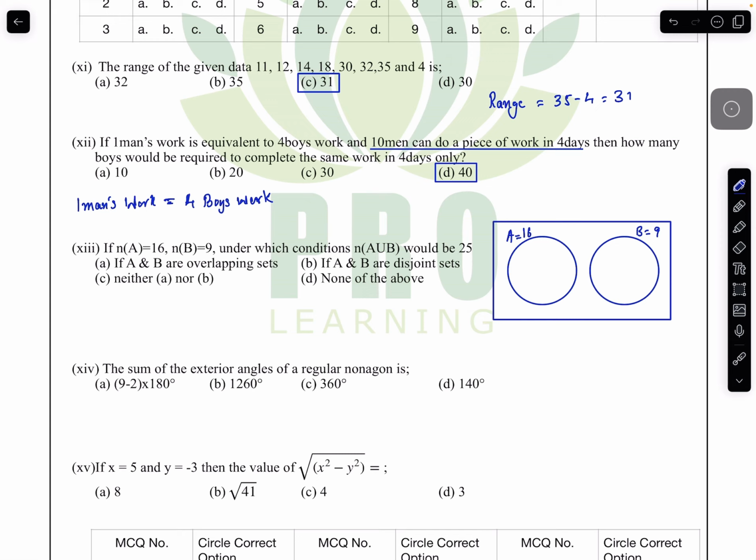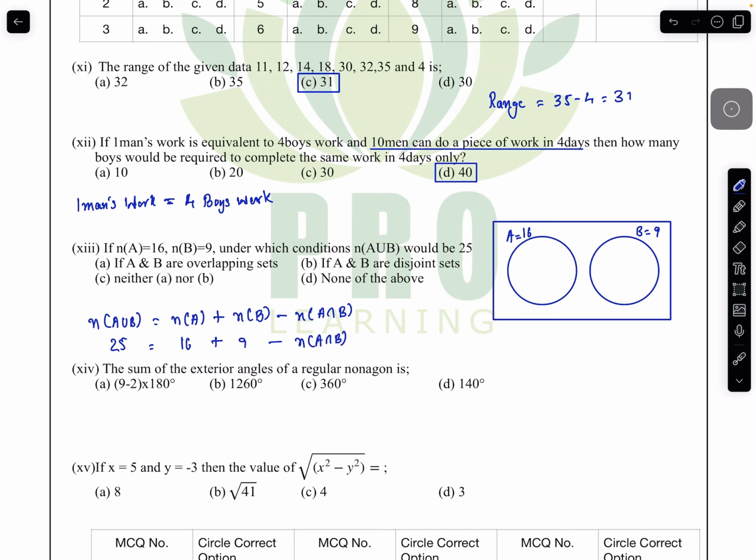It says under which conditions the cardinal number of set A union B would be 25. So we know cardinal number of A union B is cardinal number of set A plus cardinal number of set B minus cardinal number of A intersection B. So here we're expecting the union to be 25, so feeding 25 here. We have A is 16, so we write 16 here, plus 9 here, and minus A intersection B, which we don't know.